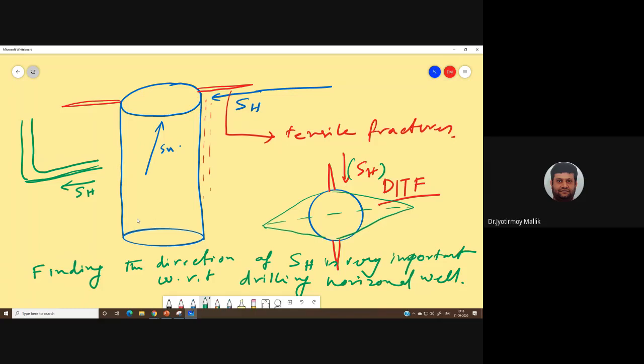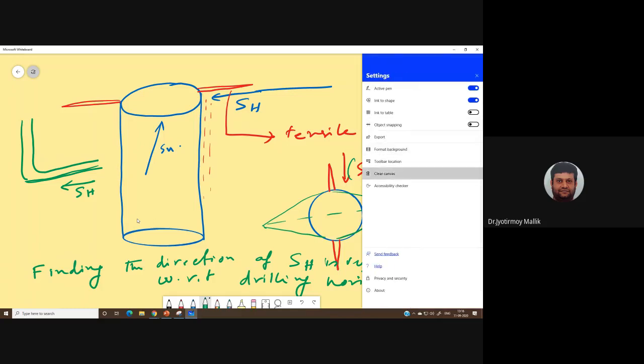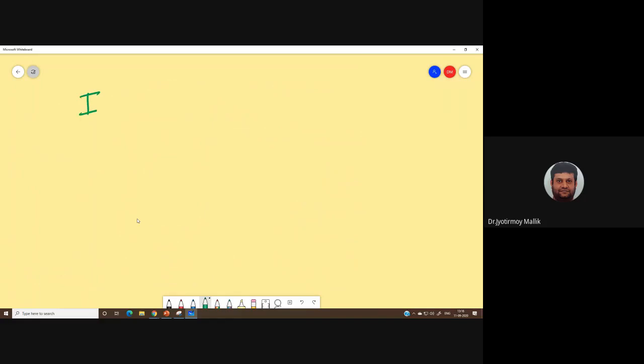I find them by studying borehole breakouts and drilling induced tensile fractures. And where do I study them? In image logs.